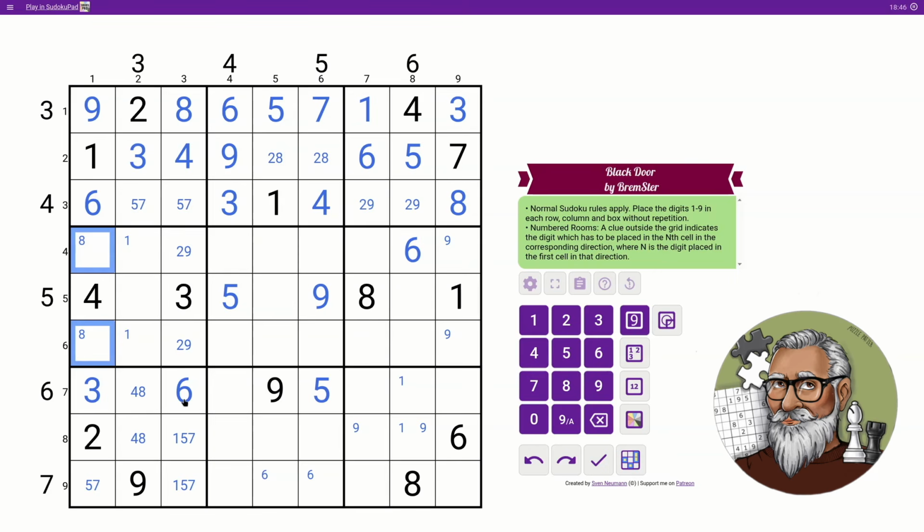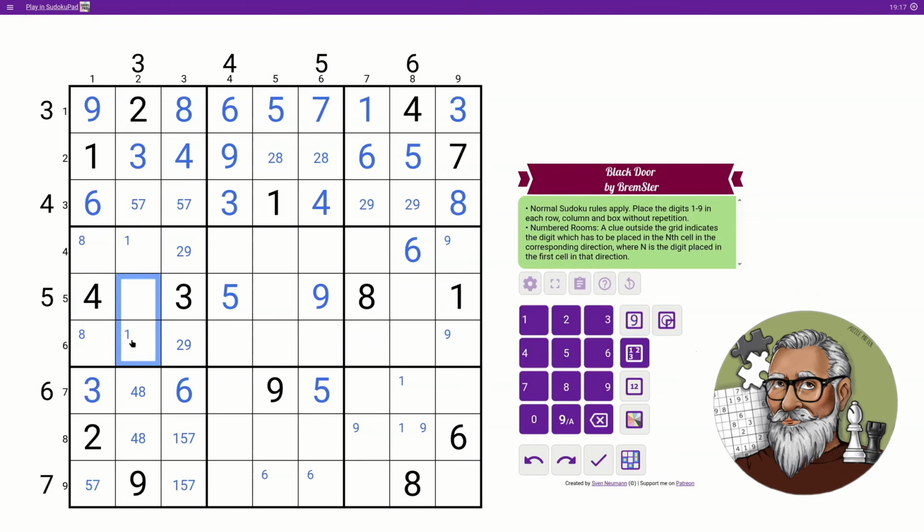Right, what was I doing? What did I do? I got to the 8, but I was going through the digits. Which ones did I do and which ones didn't I do? I did the 6s, I think, right? So where's 6? Where is 6 in box number 4? Because it can't be in the first column, and it can't be in the third column, and it can't be in the fourth row.